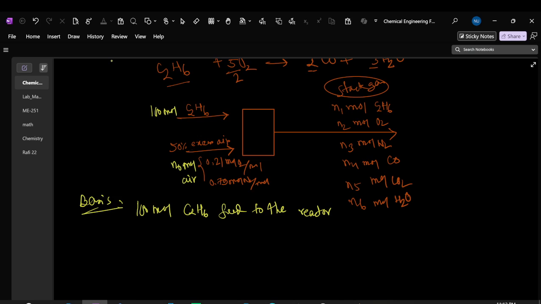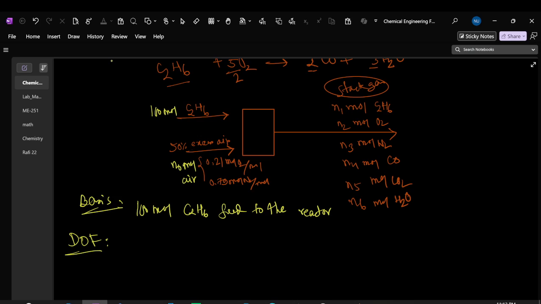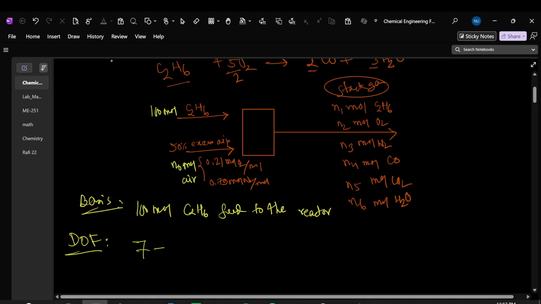So first of all, with the information given, we analyze the degrees of freedom, DOF, which is number of unknowns minus number of equations. So let's consider here there are 7 unknowns, and the number of equations will be 3 atomic balances, carbon, hydrogen and oxygen, and 1 unreacted nitrogen balance.